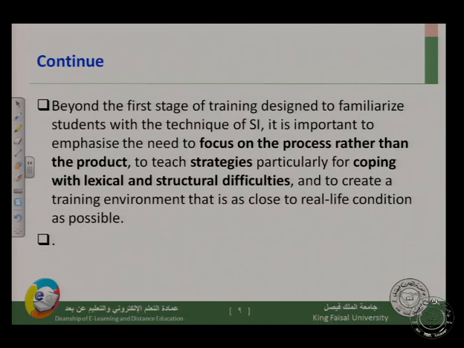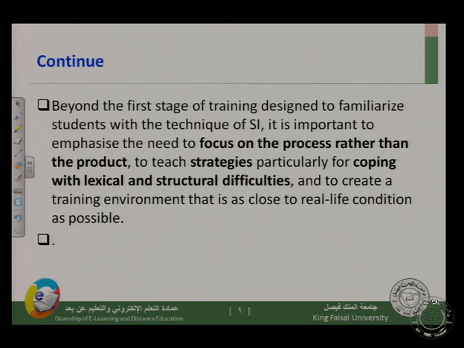Now, it is very important, if you are practicing interpreting and you want to become an interpreter, to focus on the process. What kind of strategies? How can you really improve your ability to interpret better?